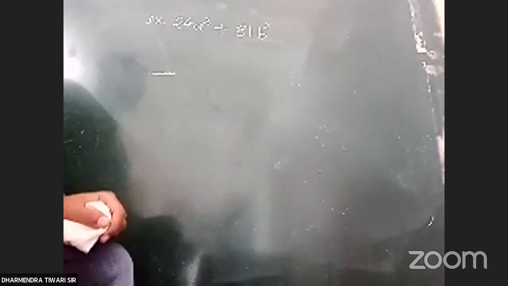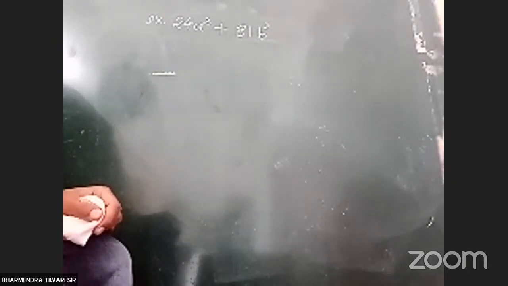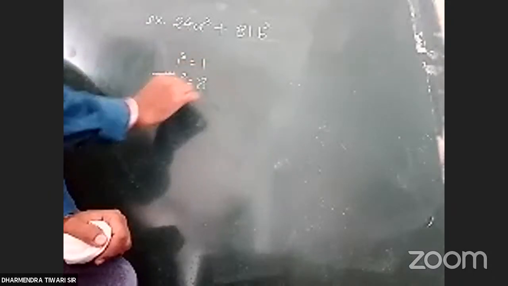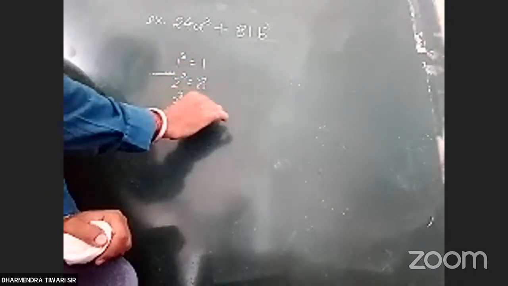Now you can see that, what is our observation? 24 is not a cube of any number, because 1 cube is 1, 2 cube is 8, 3 cube is 27, which is more than 24.